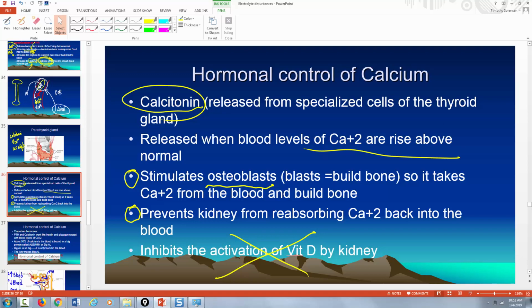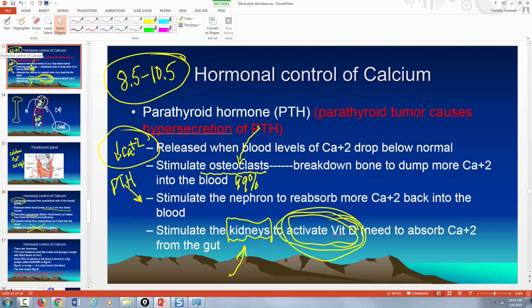And one of the things that can happen in people with thyroid problems is if they get a tumor of the parathyroid gland, that typically causes hypersecretion, or a lot, of parathyroid hormone. What does parathyroid hormone do? It raises your calcium level, right? But if you have a tumor, it's going to continually secrete that hormone.